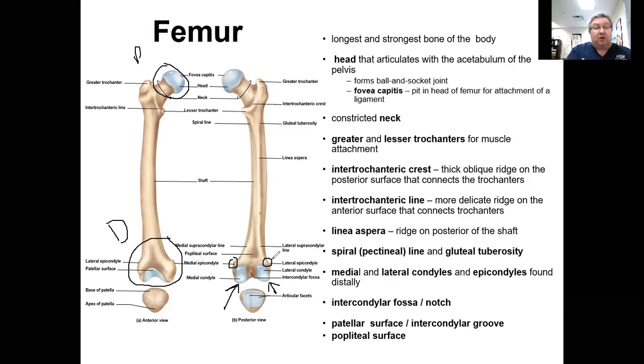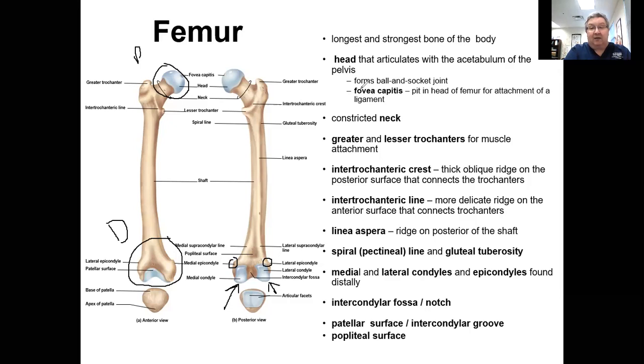And those are attachment points for ligaments, for the lateral collateral and medial collateral ligament that actually hold the femur and the tibia together. So we have medial and lateral condyles, which articulate with the tibia, and we have medial and lateral epicondyles, which are above the condyles.